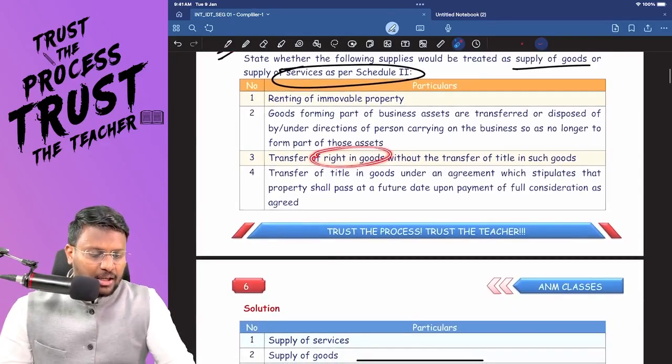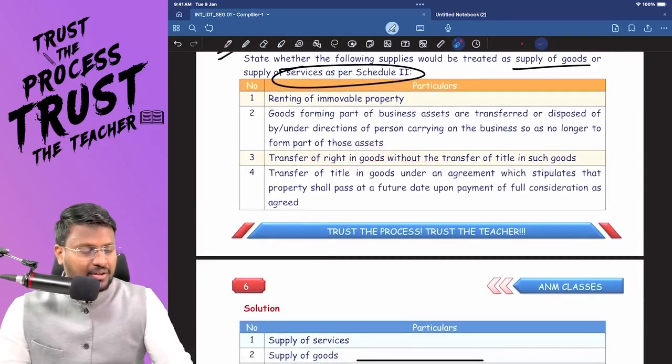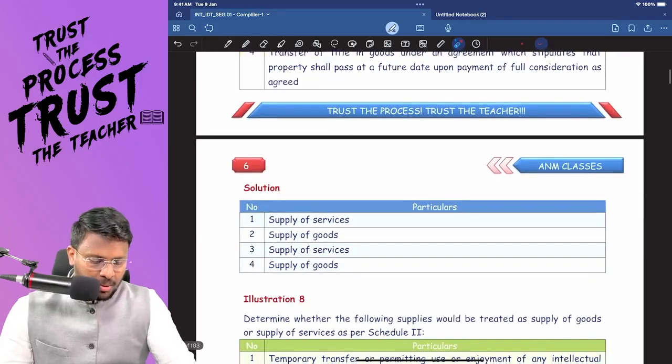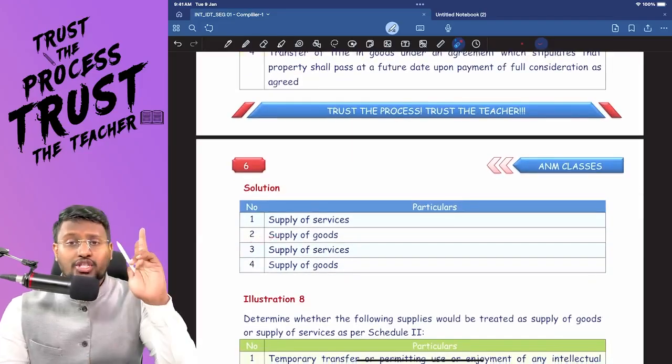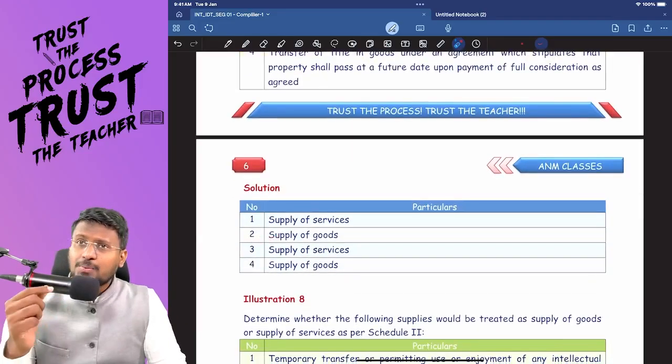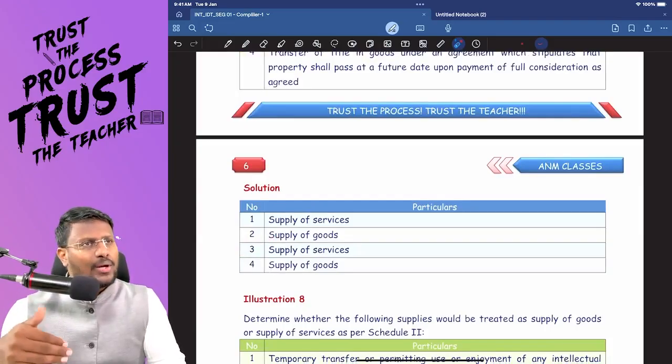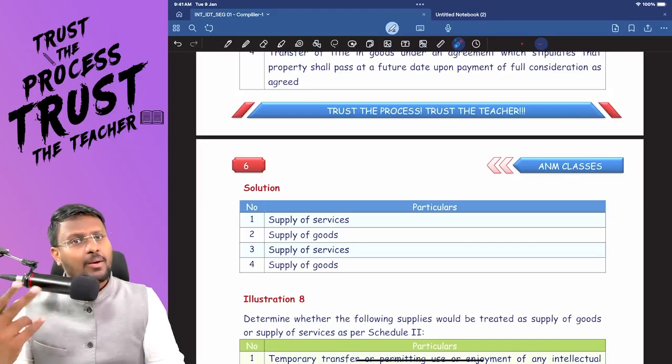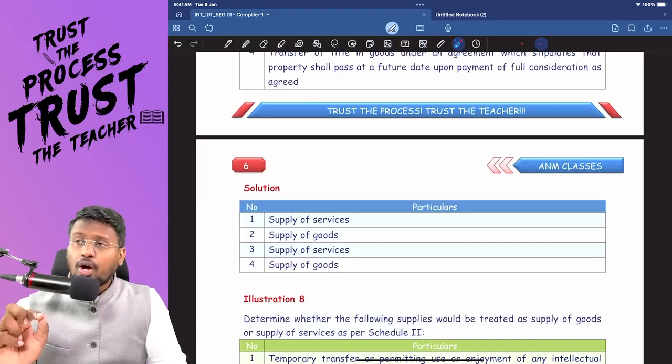Transfer of right in goods without the transfer of title in such goods. Because in order to be supply of goods, two conditions should be met: there should be transfer of title and also the possession. Sir, now itself possession may transfer, but title may not transfer, like sale or return basis.